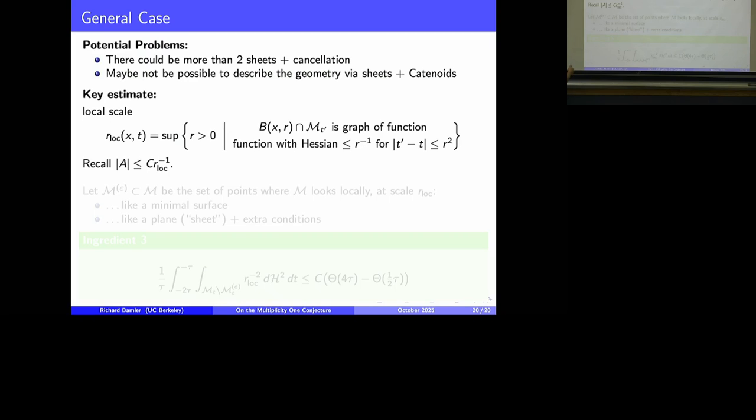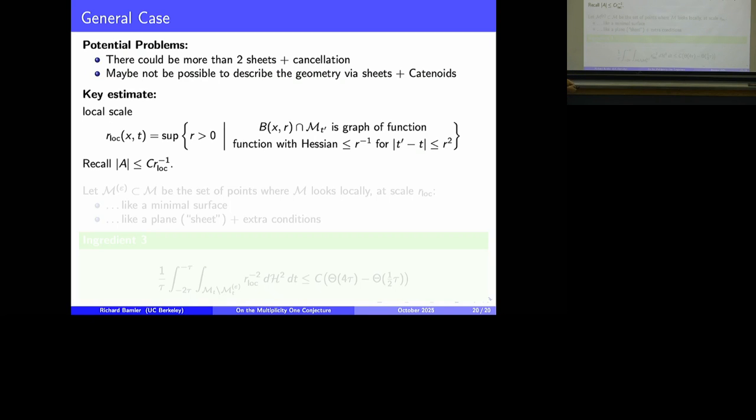So first of all, we can define, and this is done very often, the local scale. A local scale at a point is the supremum over all radii r such that if I intersect my ball of radius r, restricted to a time interval of size r squared, then within that ball and within that time interval, my flow looks very controlled.